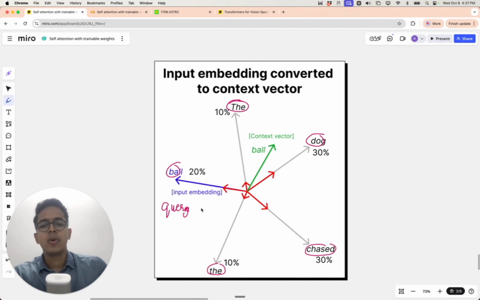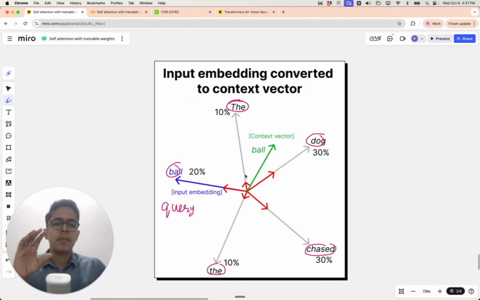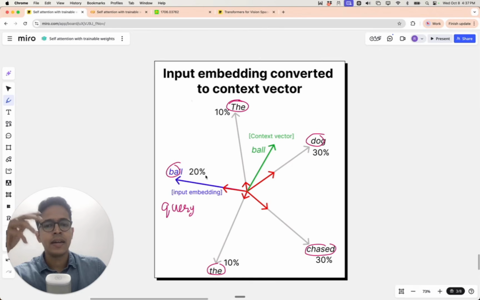First, I will calculate attention weights and multiply. You can imagine these vectors being multiplied by their corresponding attention weight. So "the" will be multiplied by the attention weight between "the" and "ball". "Dog" will be multiplied by the attention weight between "dog" and "ball". "Chased" will be multiplied by the attention weight between "chased" and "ball".